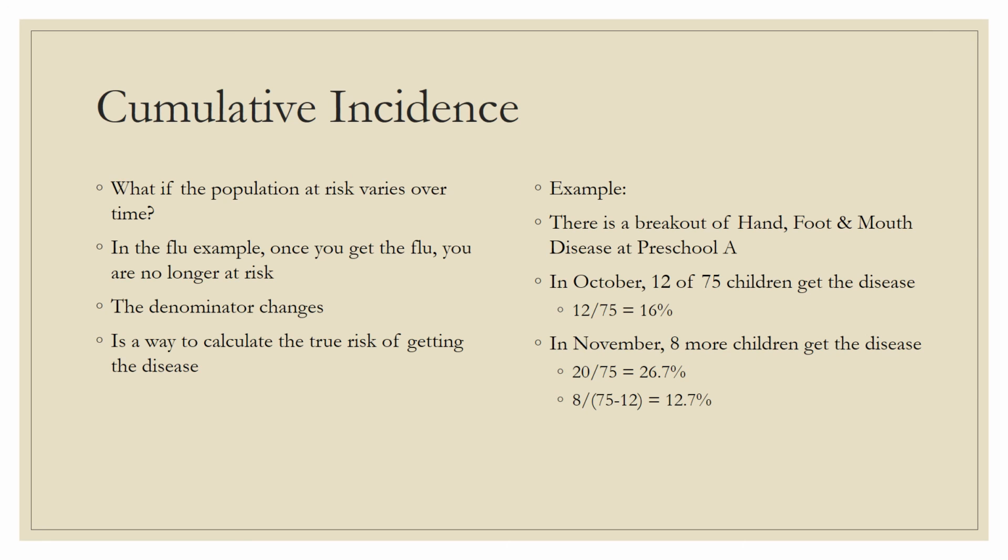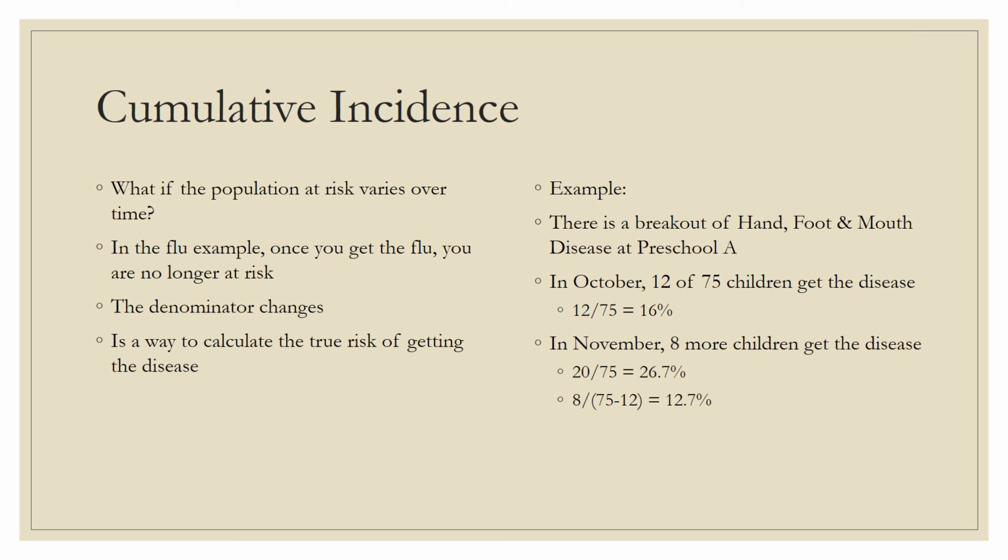In November, 8 more children get hand, foot, and mouth. So now 20 out of the 75 have had hand, foot, and mouth this year. That's 26.7%. But that's not really the true risk of getting the disease in November, because the 12 children who had it in October recover and are no longer at risk.